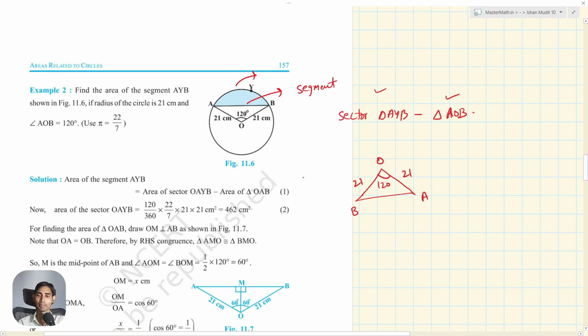What can we try here? It is an isosceles triangle because two sides are equal. So OBA and OAB will be the same values. So it is going to be 30, 30. Yes, absolutely fine. Next.